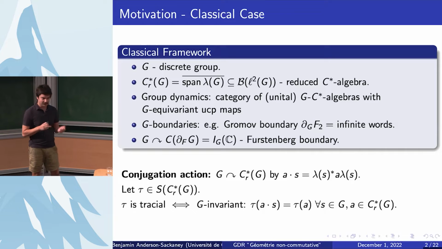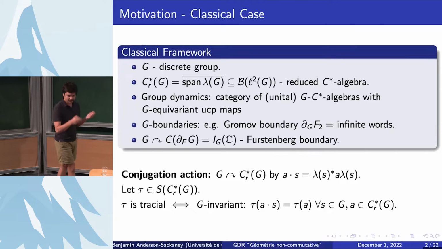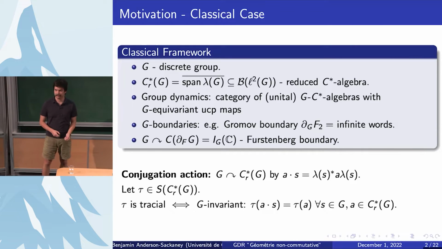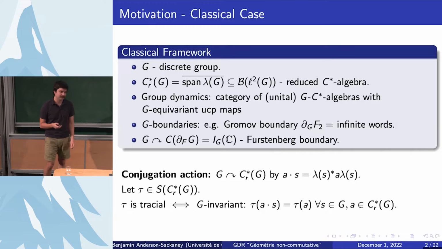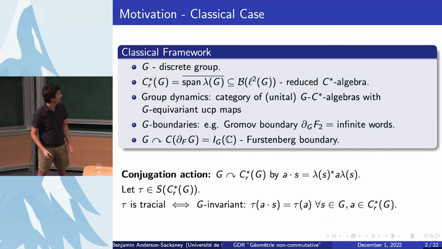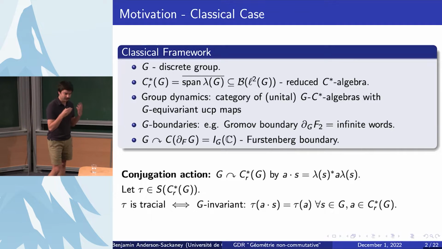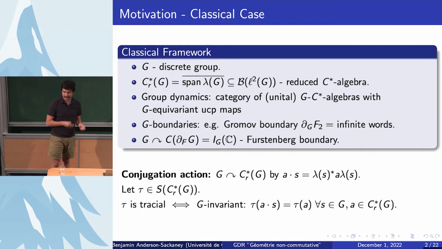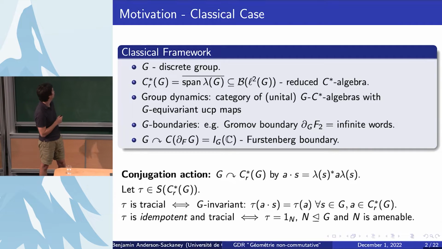So traciality is characterized by this nice group dynamical characterization. What this means is that when you're looking at the structure of the tracial states on the reduced C-star algebra, you can use the machinery of group dynamics to say interesting things about the tracial states.